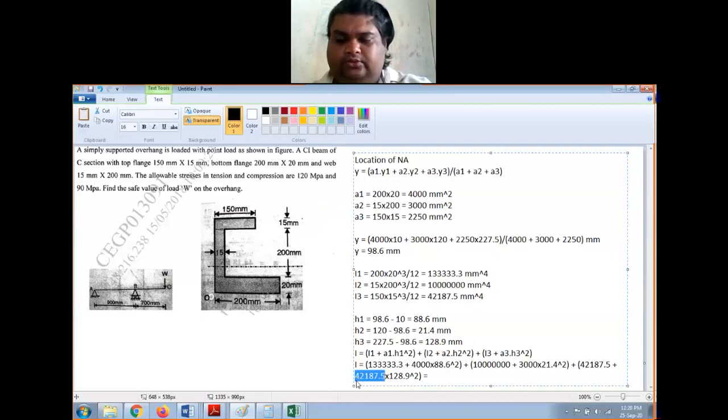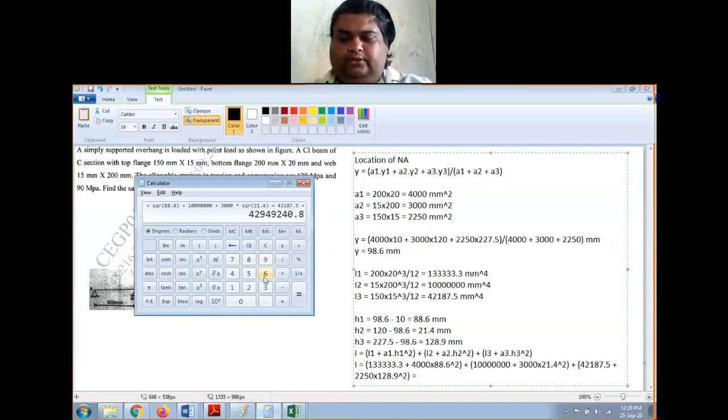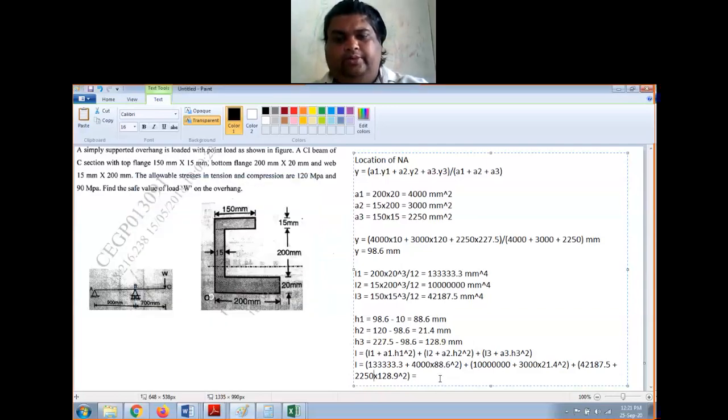Nobody pointed it out either. This is 2250. Glad that I saw. Plus 2250 into 128.9 square. So this is the total moment of inertia of the given cross section in mm raised to 4. Okay, so this is the moment of inertia for the given cross section.